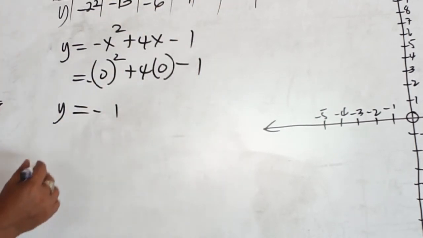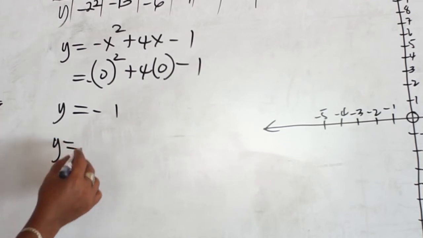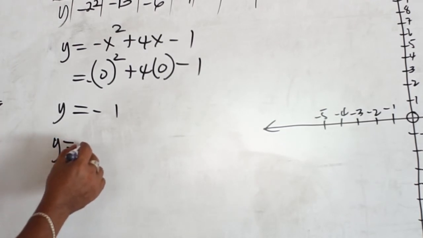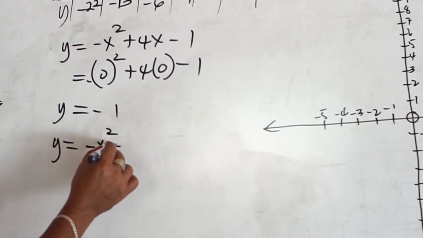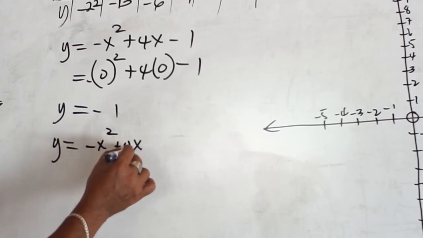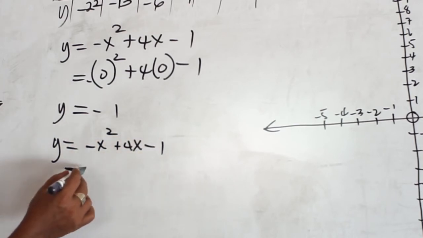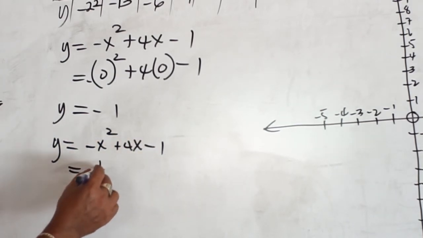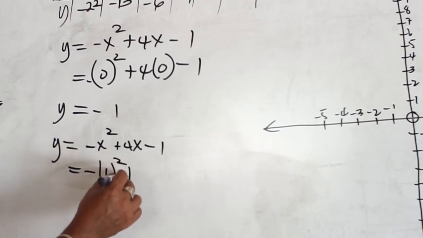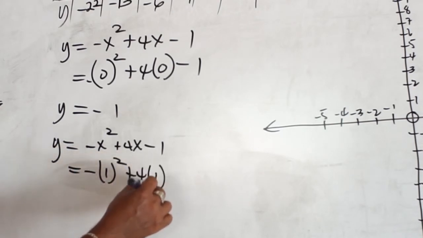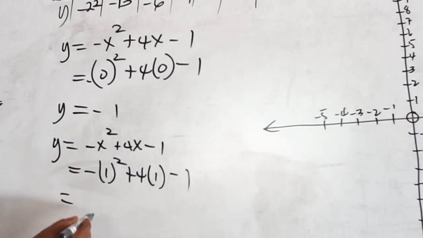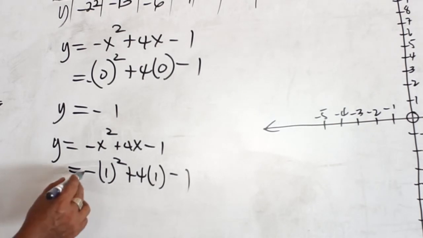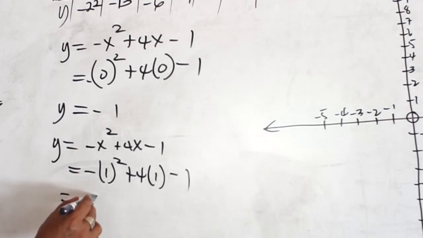The next, if the value of x is positive 1, we have negative x squared, positive 4x, then negative 1. Then substitute: negative, multiplied by 1 squared, positive 4 multiplied by 1, then negative 1. The square of 1 is 1, then multiplied by negative, the result is negative 1.